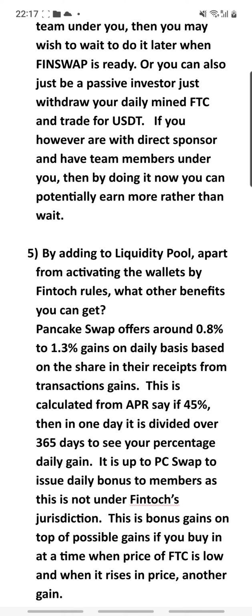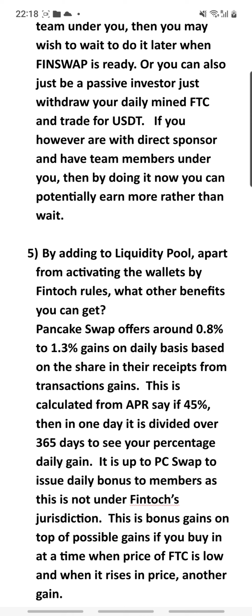Their receipts here means PancakeSwap's receipts from transaction gains, okay? Because whenever we do transactions, there's a small fee involved, right? So this is the fee, and daily, whatever total fees PancakeSwap gets will be divided out to the different contributors in the liquidity pool. This is what it means.